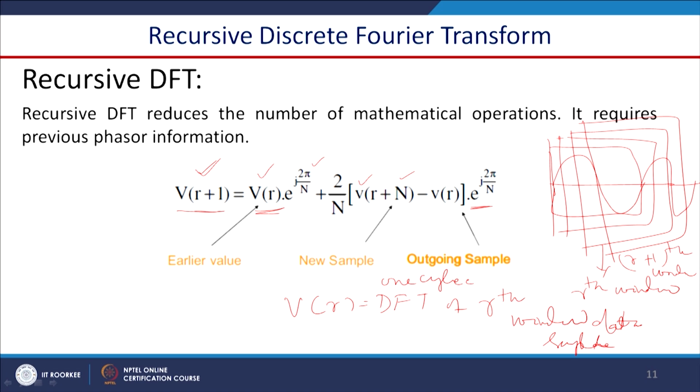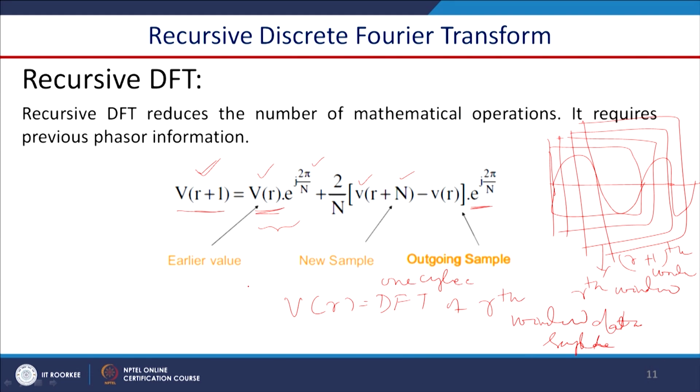Now, this rth window data sample DFT is capital VR into e to the power j 2 pi by n. Why this j 2 pi by n? Between the two windows, the angle difference is how much? 2 pi by n, that is 18 degrees, if we take n as 20 samples per cycle.